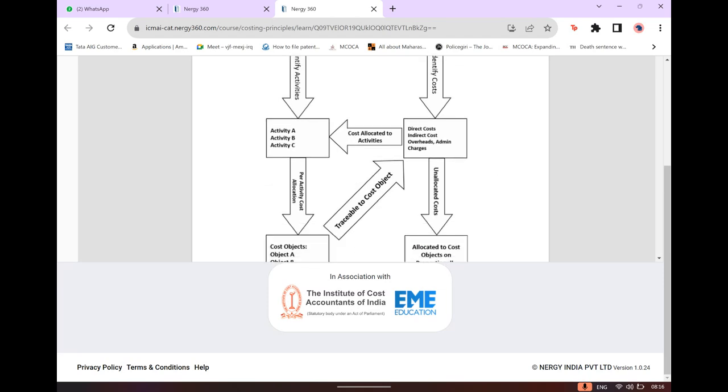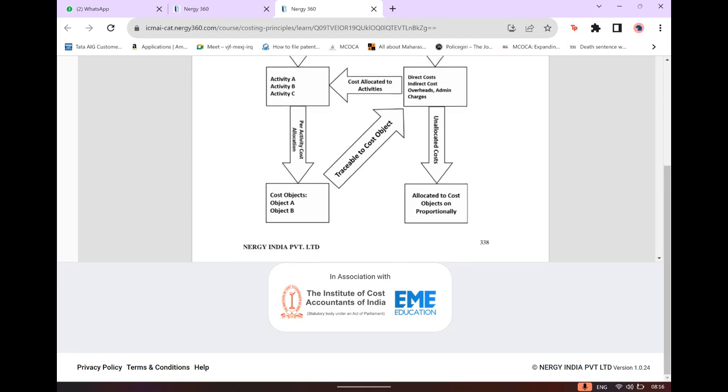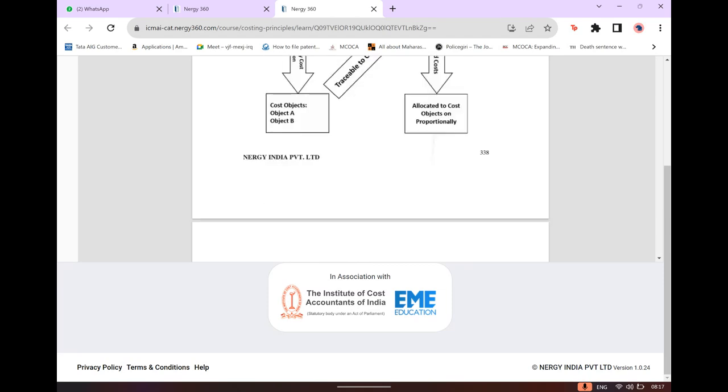And whatever is allocated, if it is traceable to the cost object, then only it will suffice your purpose. Once you allocate to the particular activity, it becomes a cost object. So cost object A, cost object B, and whichever cannot be directly attributable to a cost object, you will allocate based on proportionality.